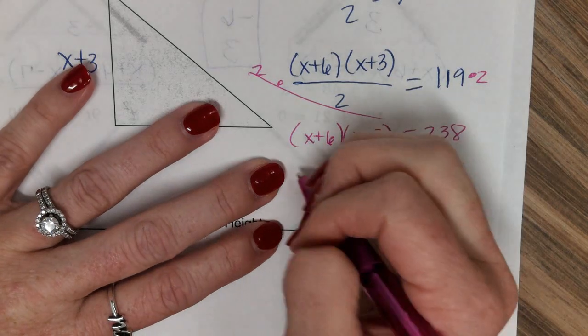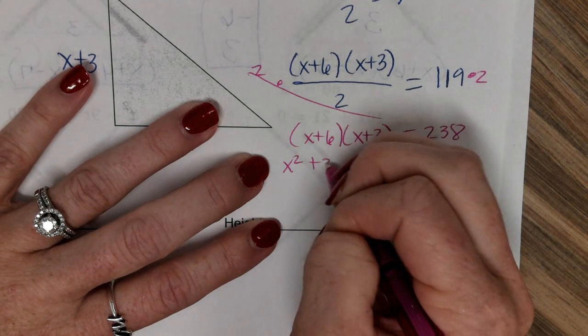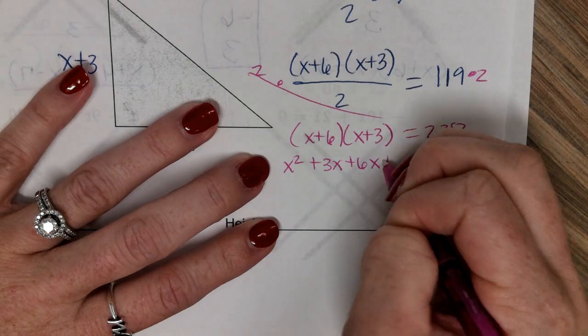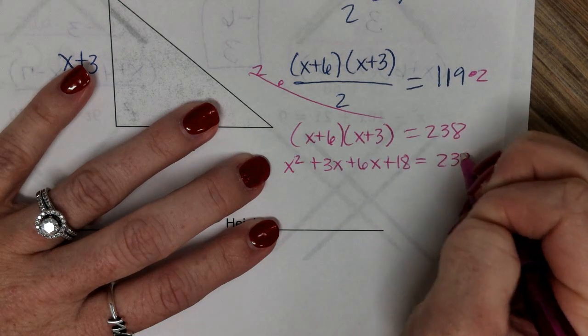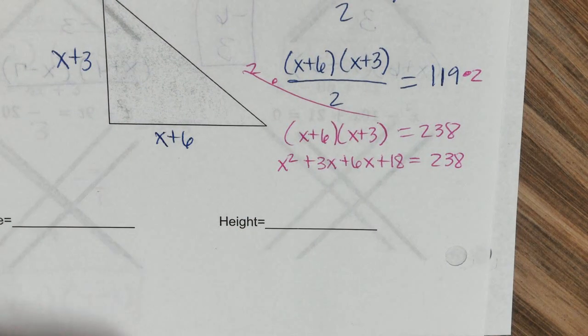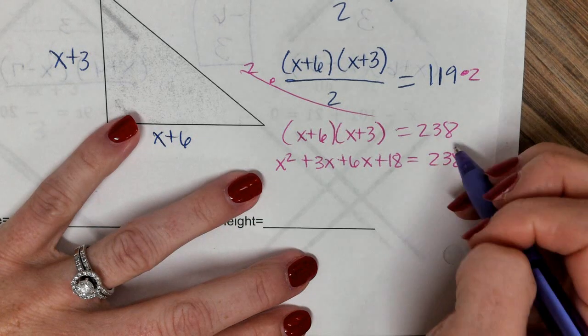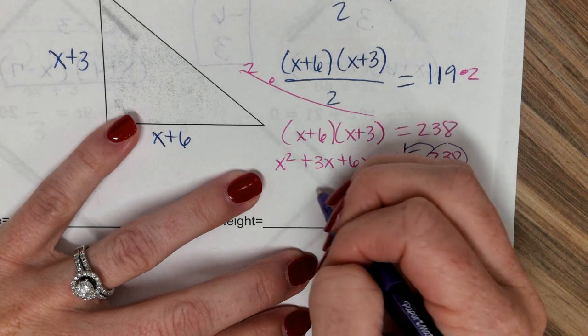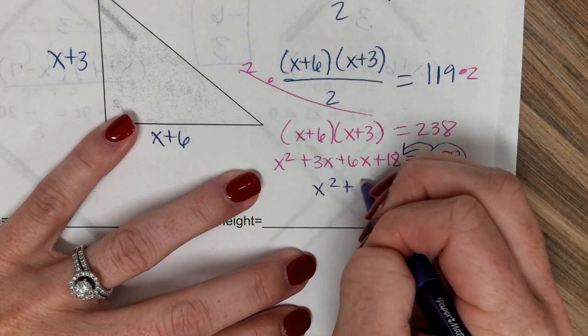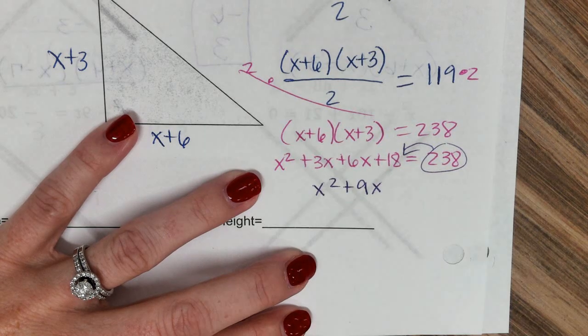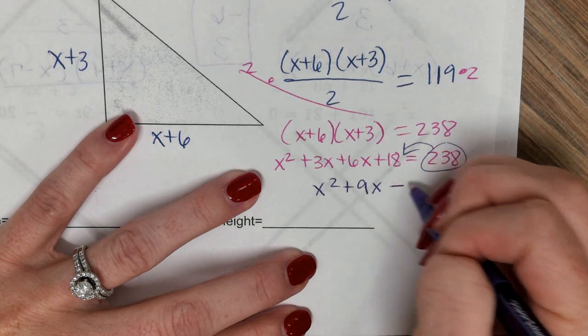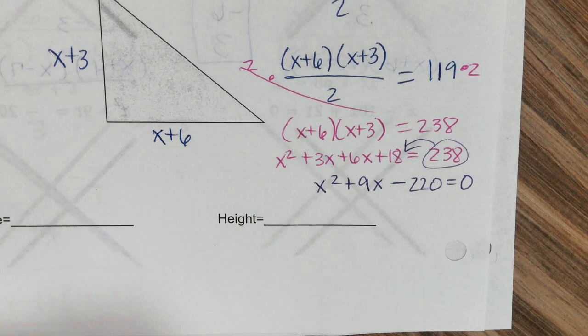Okay, first, x squared, outer 3x, inner 6x, last 18 equals 238. Now can I set it equal to 0? I can pull this to the left by subtraction, and I now have x squared plus 9x, and 18 minus 238 is negative 220.